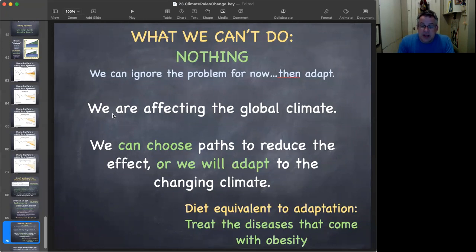So the diet equivalent to adaptation is not a good one. You are talking about treating the diseases that come with obesity. So that's things like getting kidney dialysis for your diabetes. That's not an ideal solution, but that's the pathway we've been on so far, largely.